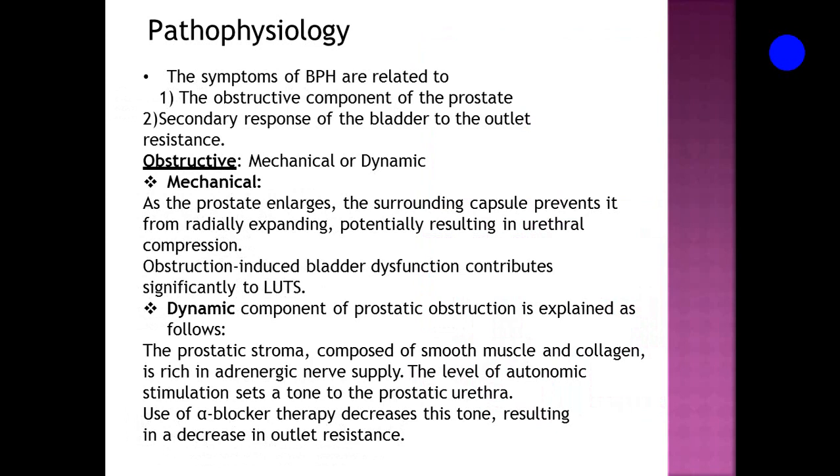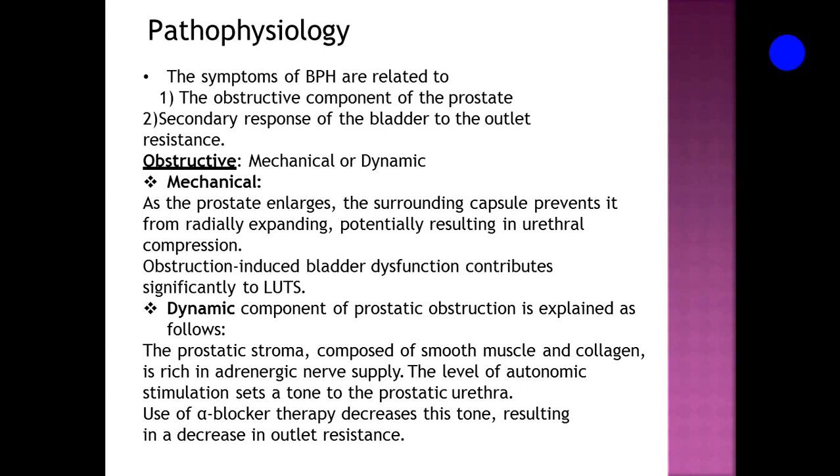The pathophysiology. The symptoms of benign prostatic hyperplasia are related to two causes. The first one is the obstructive component of the prostate, while the second is the secondary response of the bladder to the outlet resistance. The obstructive component is also divided into mechanical or dynamic.